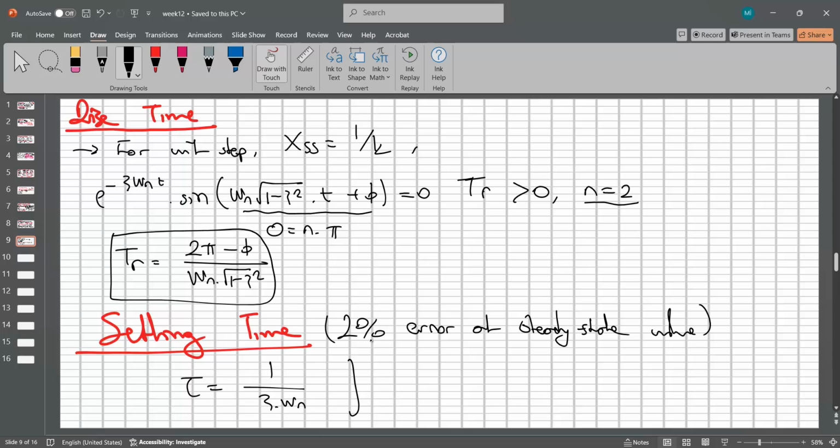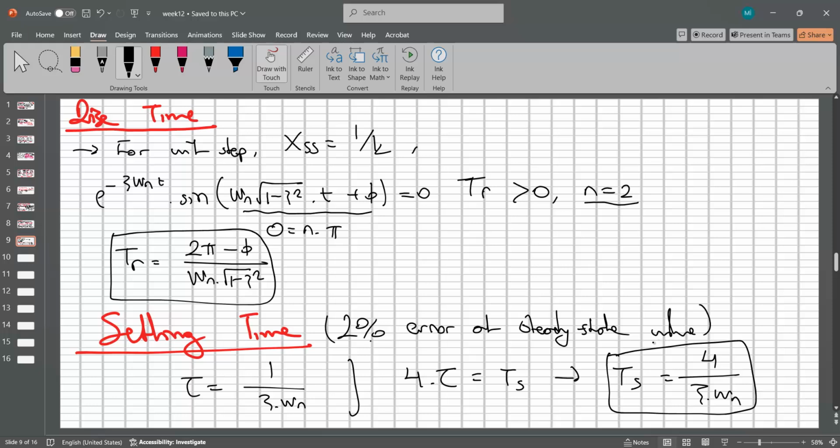Which means that 4 times tau is equal to what? Ts. Okay? Because we know that if we multiply tau by 4, the steady state error goes to the 2% value. So, if this is the case, Ts is 4 divided by zeta times Wn. Okay?